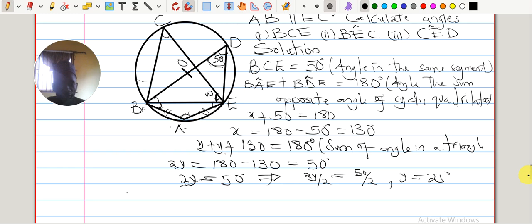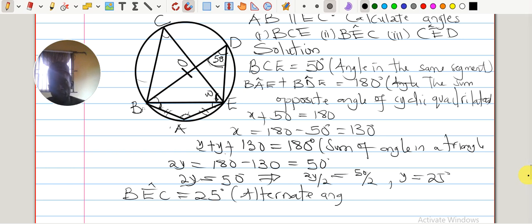That is my BEC is equal to 25 degrees. Why? Alternate angles are equal. Take note. Alternate angles are equal.